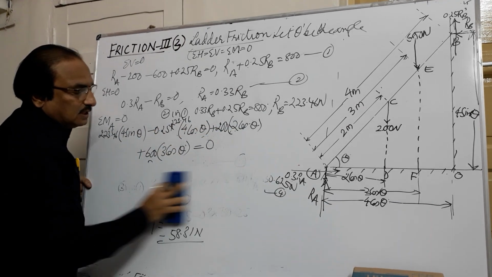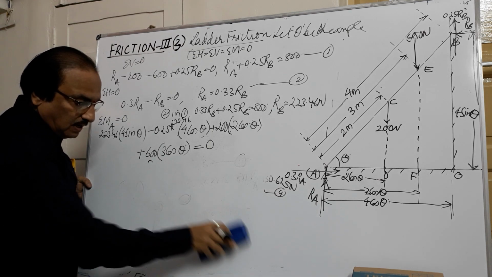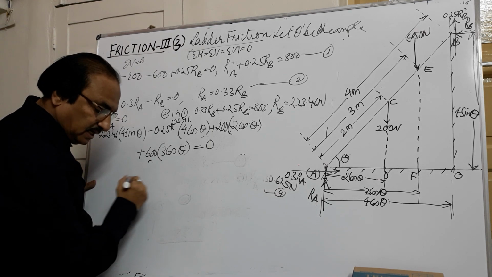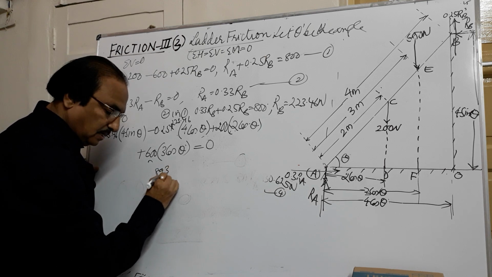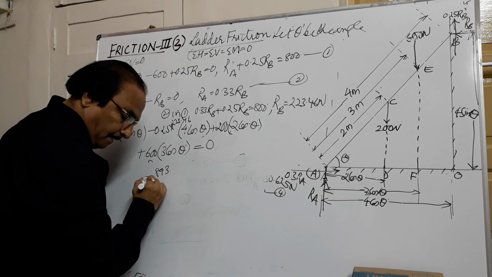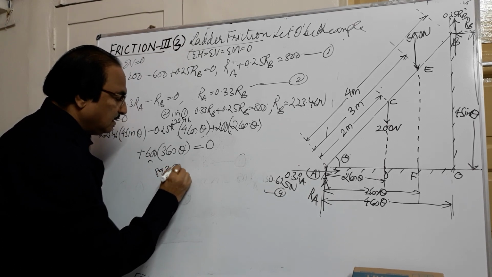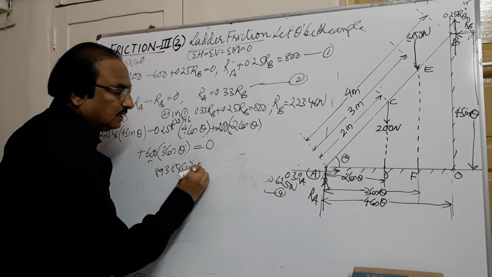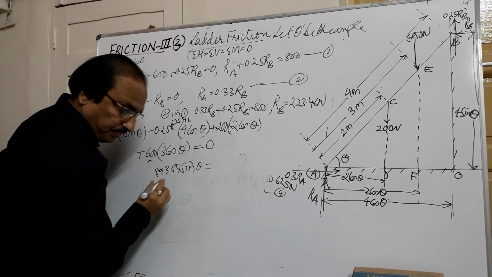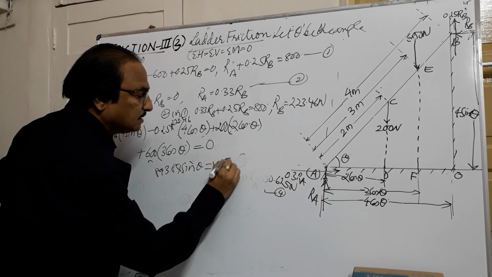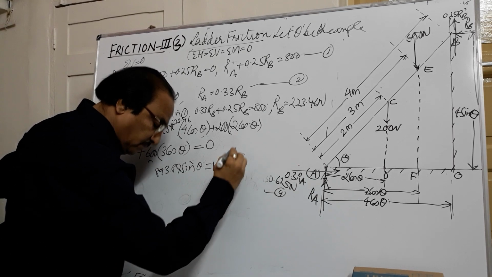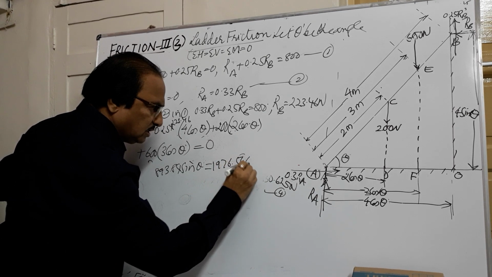If you solve for theta, taking sine terms and cos terms on one side, you get 893.84 sin theta is equal to 1976.54 cos theta.